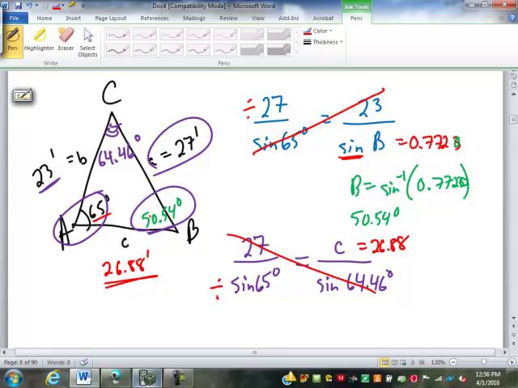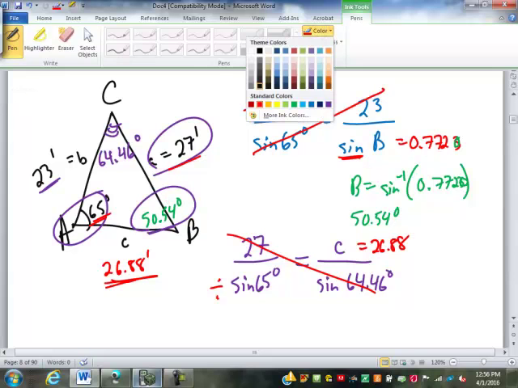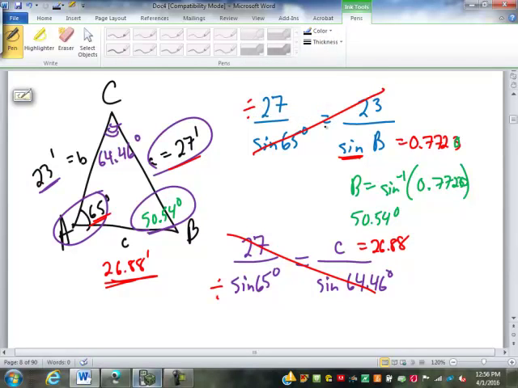Yeah, it's in between those two, so the size should be in between those two as well. The 64 degrees is a little bit smaller than 65 degrees, so it should be a little bit smaller than 27 feet. Questions?